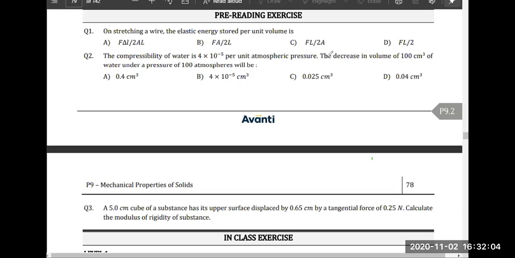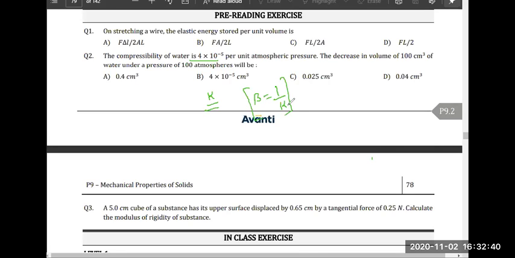Second one, try to solve everyone. The compressibility of water is given. What's the meaning of compressibility? I hope all of you remember compressibility is K, and bulk modulus is 1 by K. Yes or no? And just see the unit, per unit ATM.